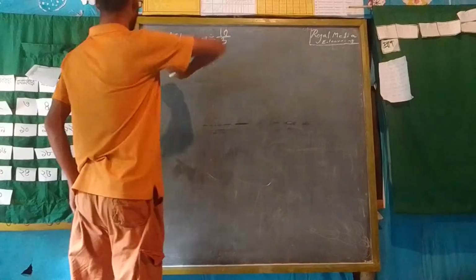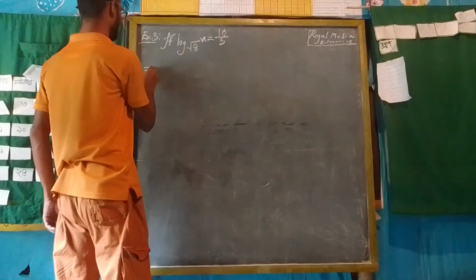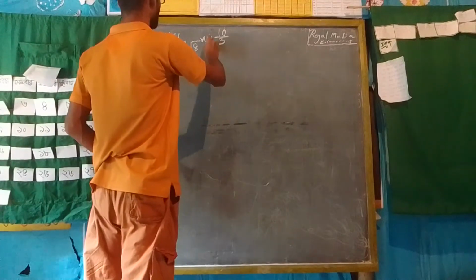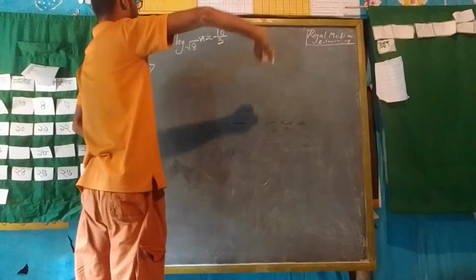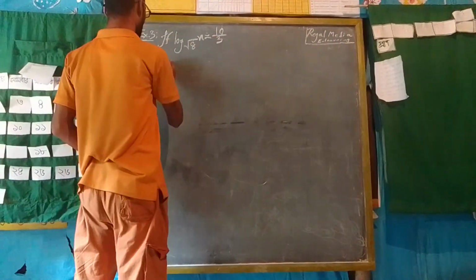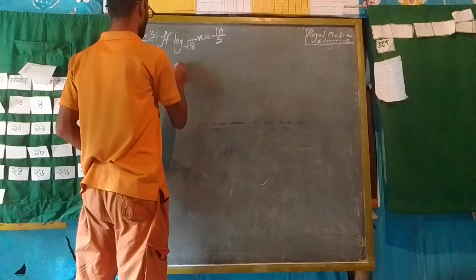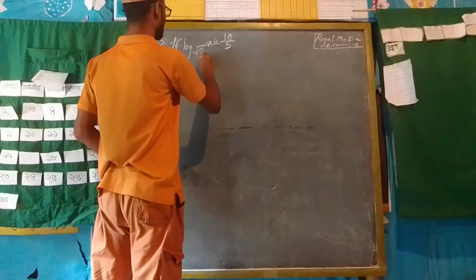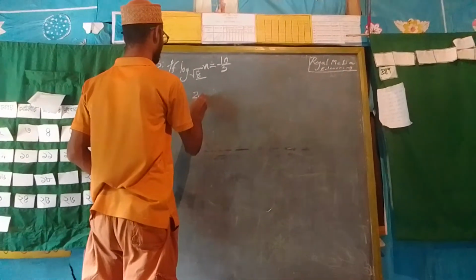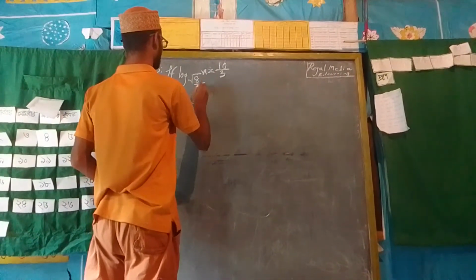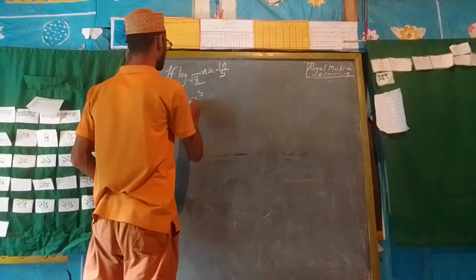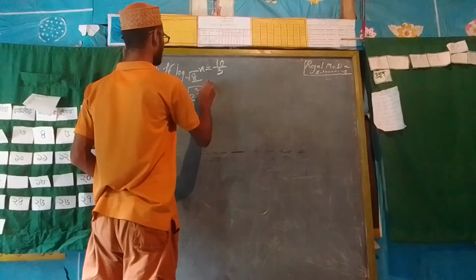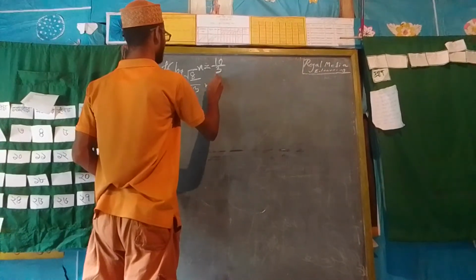Look at our example number 3. Here is the given question. The question is: if log root 8 power x equals 10 by 3. Now we may write log base x of 8 as 2 cube into x, equals 10 by 3.